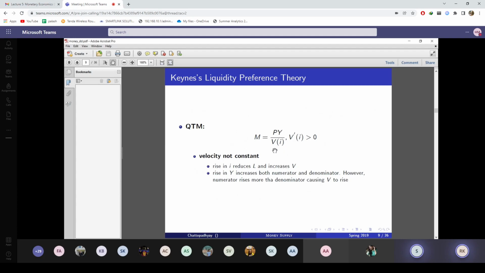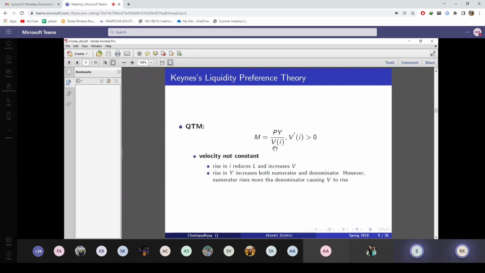This is exactly what Keynes did. Keynes assumed V is a positive function of I. When V becomes a positive function of I, the numerator of the right-hand side says that when my Y rises, money demand rises; that's my transaction demand. And in the denominator, when my I rises, my V rises, and my demand for money falls.